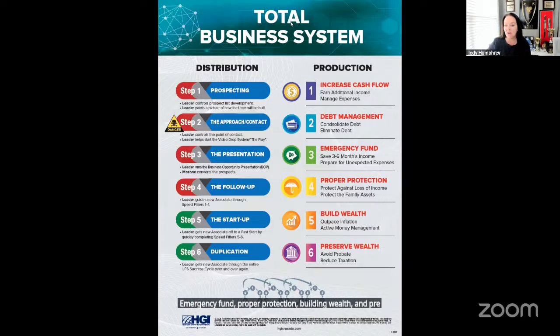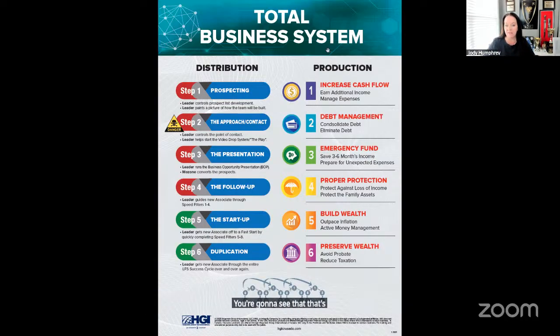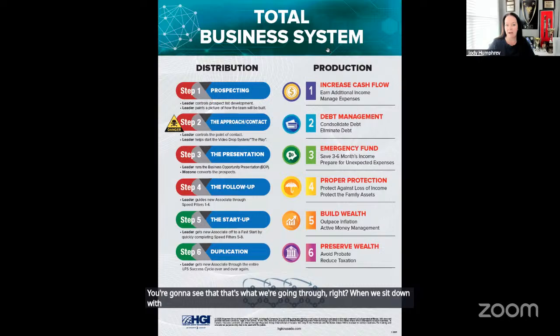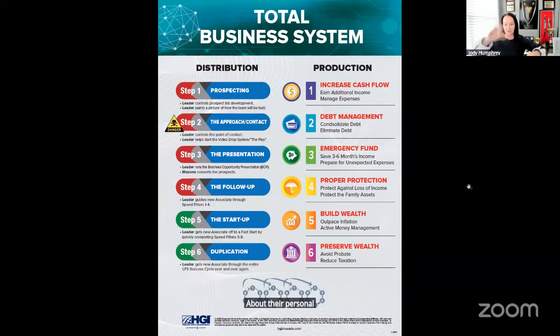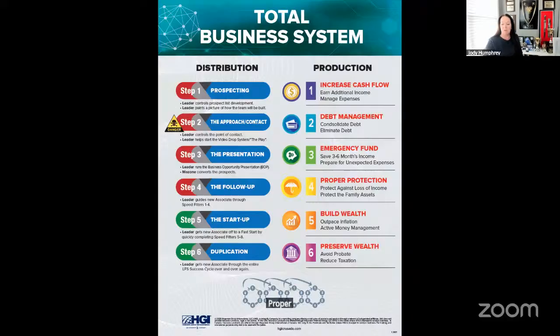And with every single one of our clients, you're going to see that that's what we're going through, right? When we sit down with them and we talk to them about their personal financial plan. Sorry, I'm managing all these people too at the same time. So as we talk to them about their personal financial plan, we're really literally reviewing all 6 of those areas: increasing cash flow, debt management, emergency fund, proper protection, building wealth, and preserving wealth.